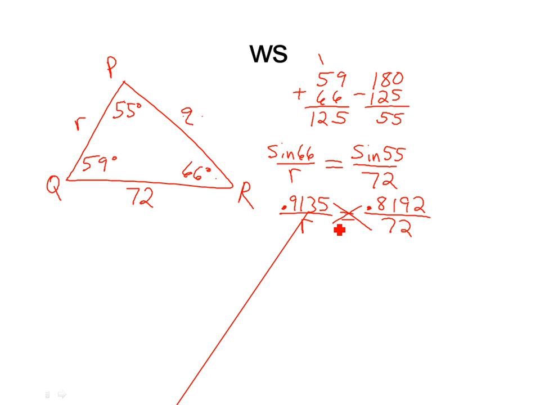Cross multiply. You get 0.8192 times r equals 0.9135 times 72. That's 65.772. Again, I didn't round off yet. If I can write it all down, and it's right there on your calculator, you can leave it on the calculator and just divide that answer by 0.8192.